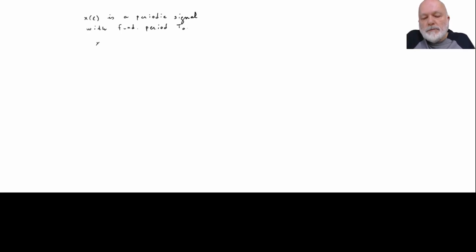Okay, so x of t will have the Fourier series representation, k running from minus infinity to plus infinity, ak, the Fourier coefficients, and we have the complex exponential signals e to jk omega 0 t.